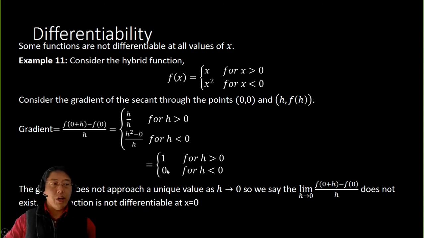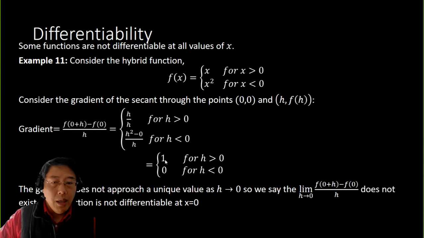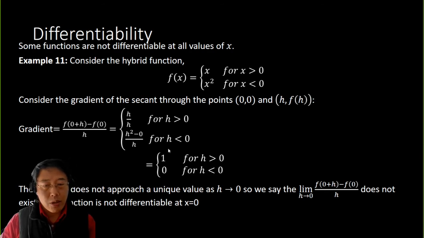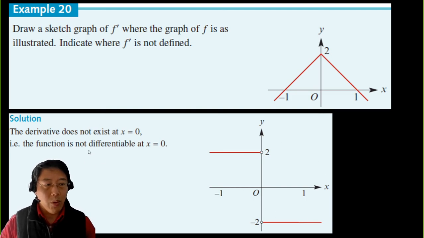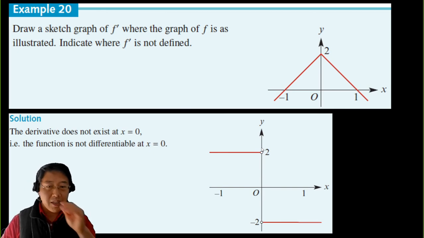Alright, so talking about differentiability, it's what I just finished from the previous example. It's asking about the derivative and the function f, your original function: is it differentiable? In this situation it's not differentiable at x equals 0.